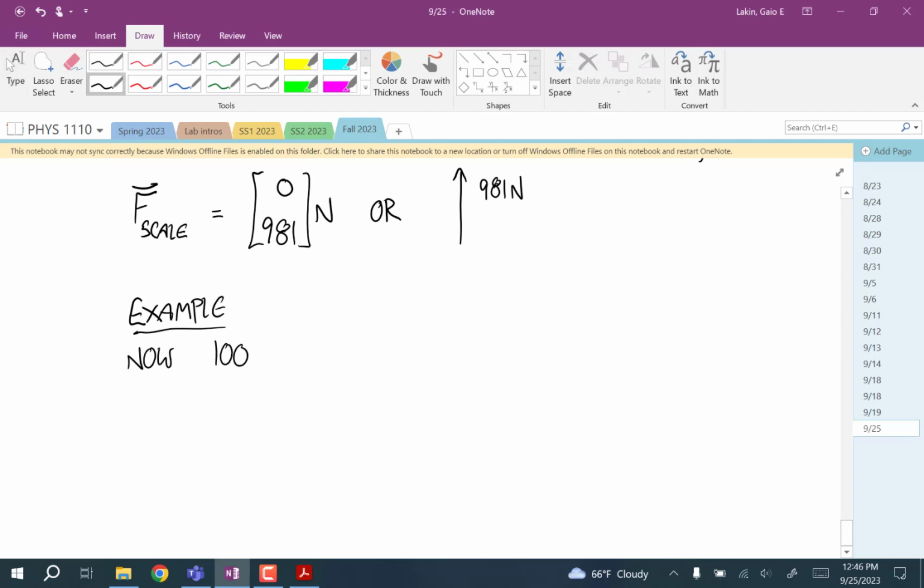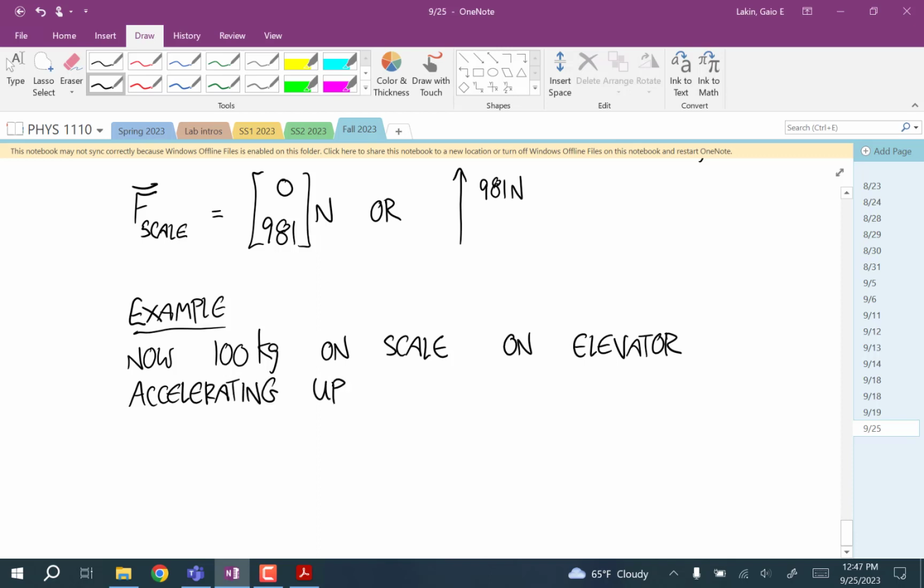Now the same guy, the 100 kilogram man, let's say he's on a scale that's on an elevator, accelerating up at 2 meters per second squared. What's the force the scale applies to the man in this case?